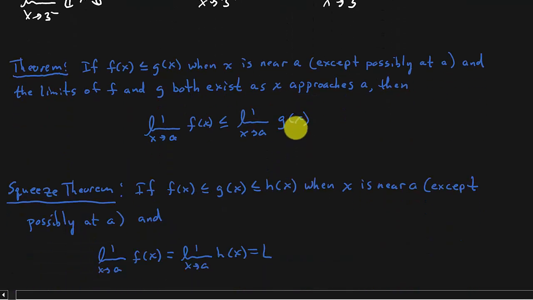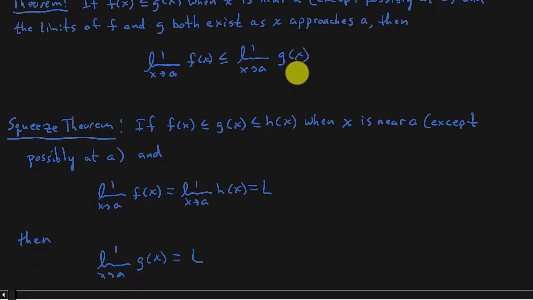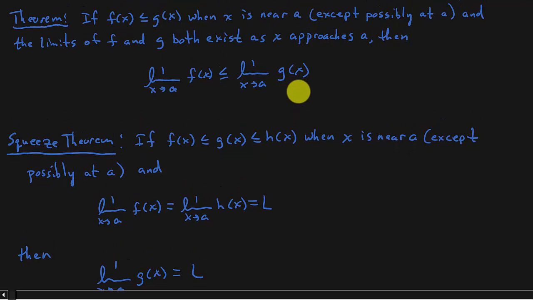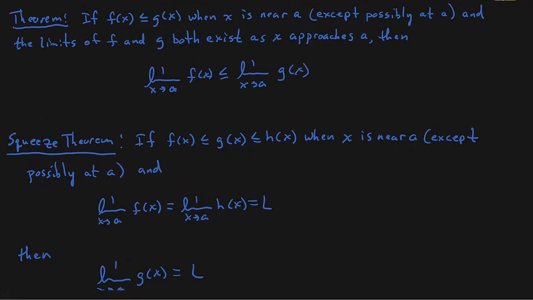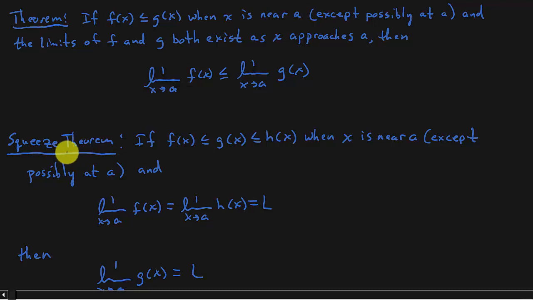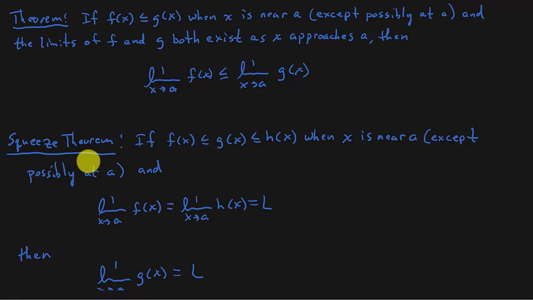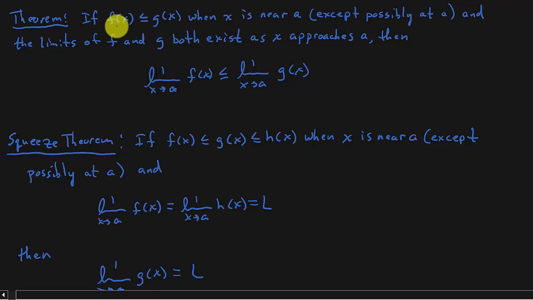All right, so let's take a look at this. So we've got a couple of theorems here. And the main thing that we're doing here is this squeeze theorem. Okay. But in order for us to use the squeeze theorem, well, we've got to know this theorem here.